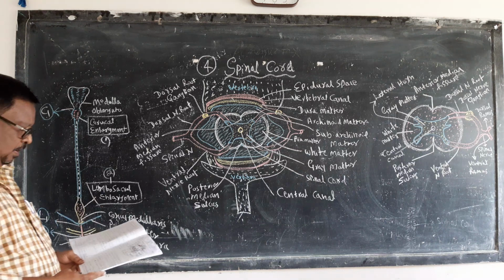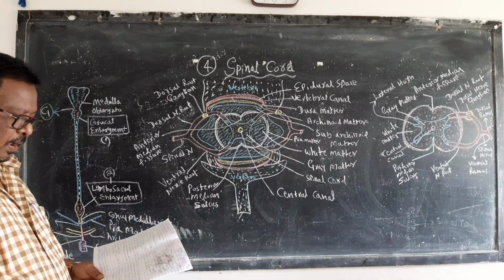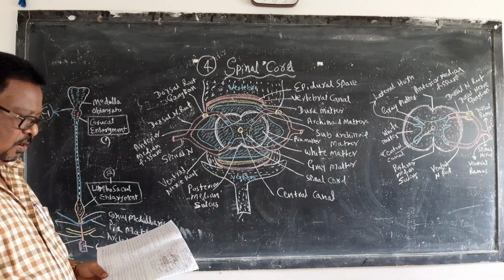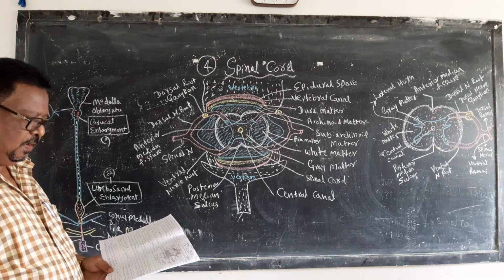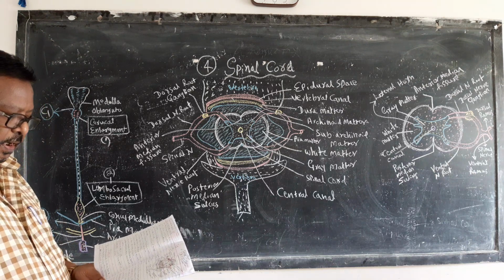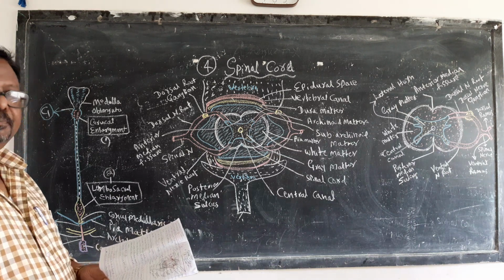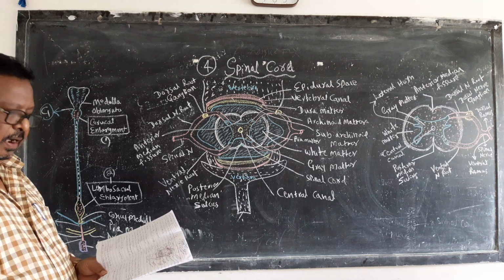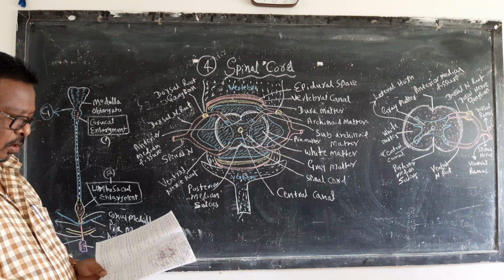From the cervical enlargement, the spinal nerves arise from a network called the brachial plexus. The brachial plexus is present in the cervical enlargement, and the nerves from it innervate the muscles of the upper limb.